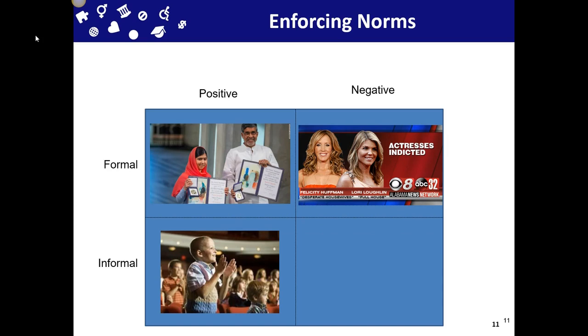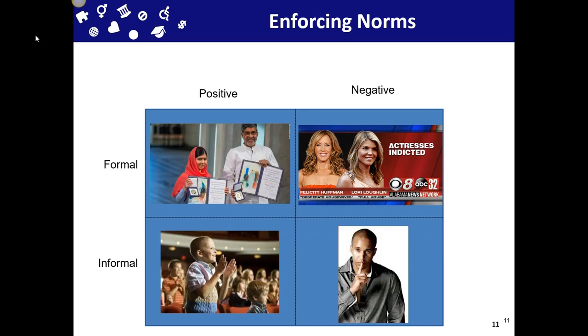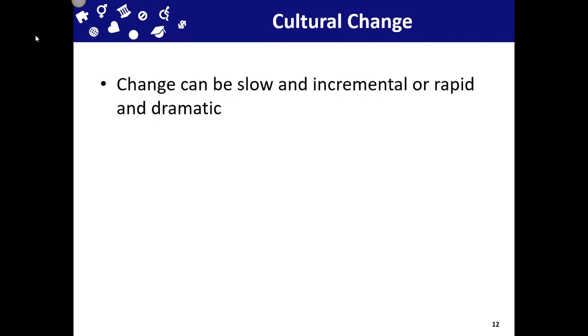Particularly after you have paid administrators or the admissions office to accept your child into college. And an informal negative sanction would be "shh," if you're being too loud in an area where the rule and expectation is to be quiet, right? So again, this chart demonstrates sanctions being both positive and negative, as well as formal and informal.